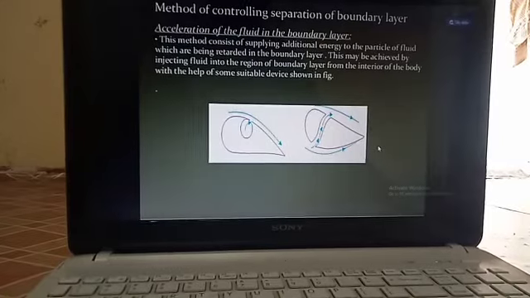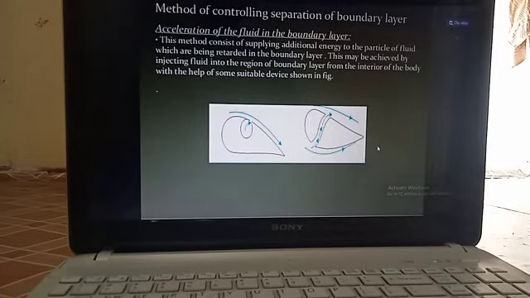Now the first method is acceleration of the fluid in the boundary layer. This method consists of supplying additional energy to the fluid particles which are being retarded in the boundary layer.